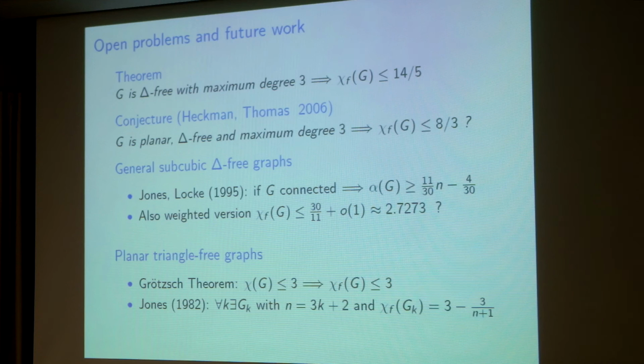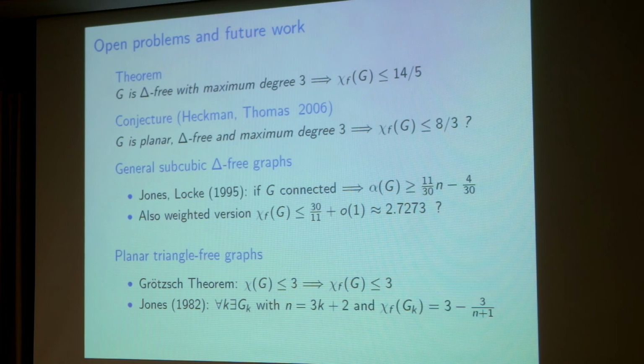And I also told you that Jones showed that there always exists a planar graph without triangles where the fractional chromatic number will be strictly less than 3, but never bounded away from 3 by some absolute constant.